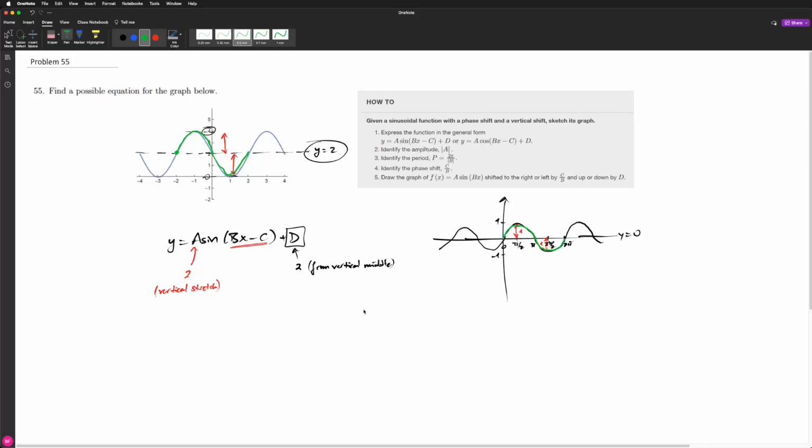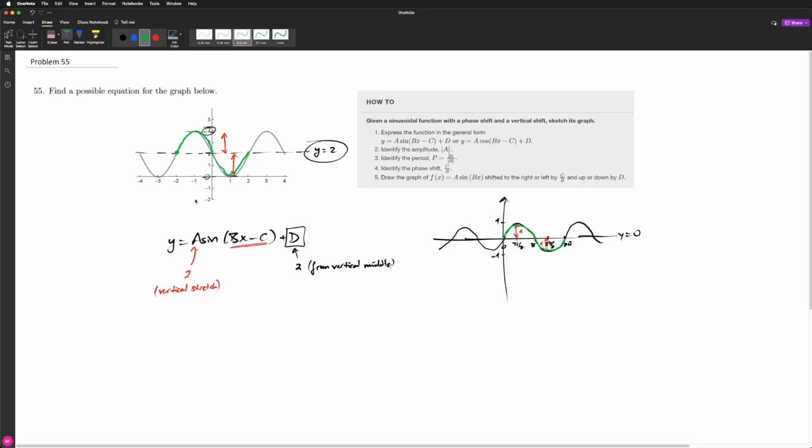What I like to do, as in my solution of the previous problem, is not memorize anything and just write where the period starts and ends, and then figure out what is between 0 and 2 pi, and that goes into my sine function.